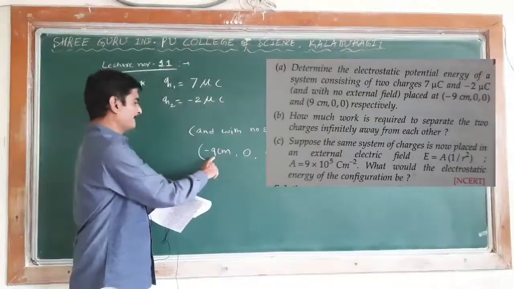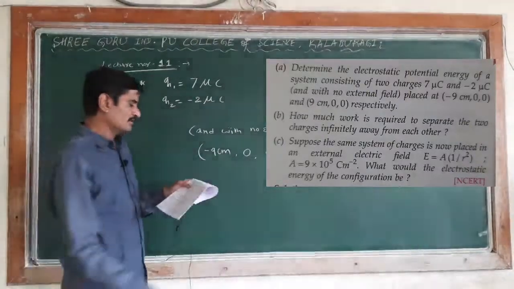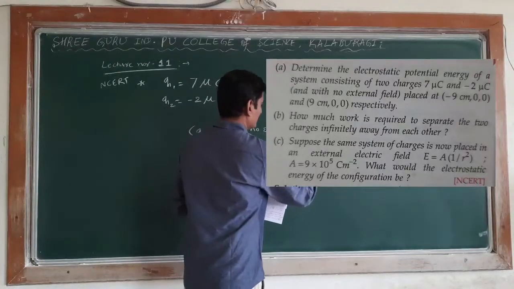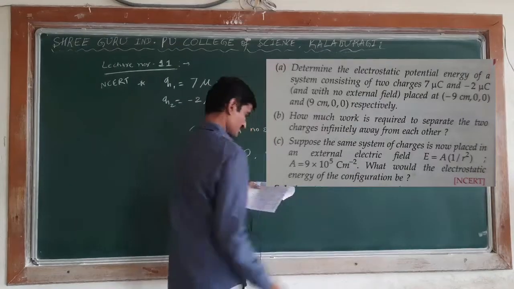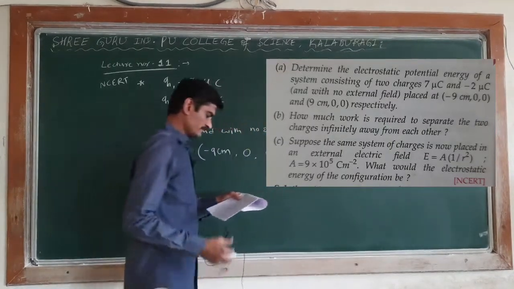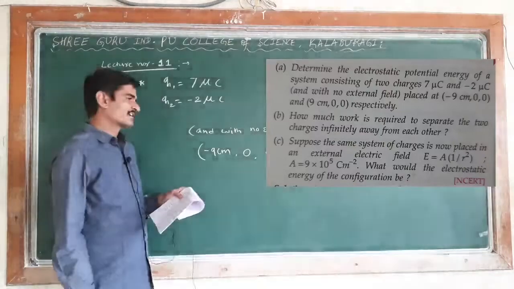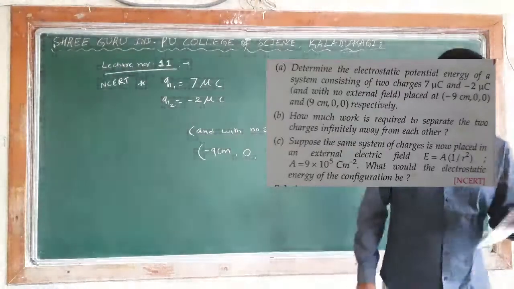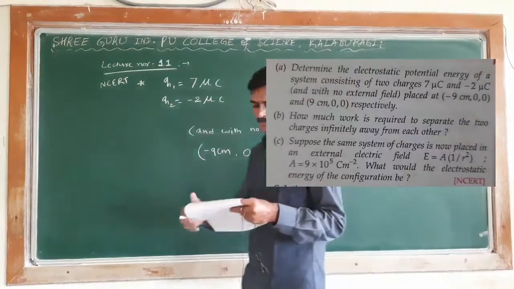Placed at minus 9 centimeter, 0, 0 and 9 centimeter, 0, 0, close the bracket, respectively. You please stop. This is one complete sentence.